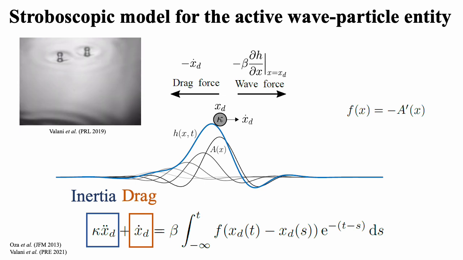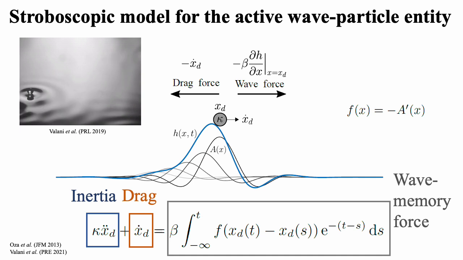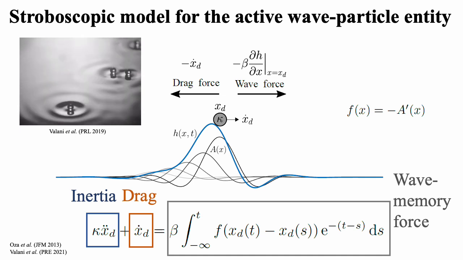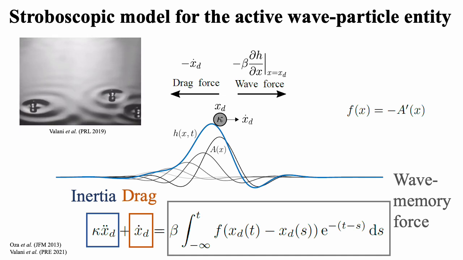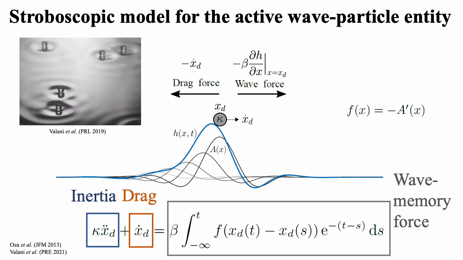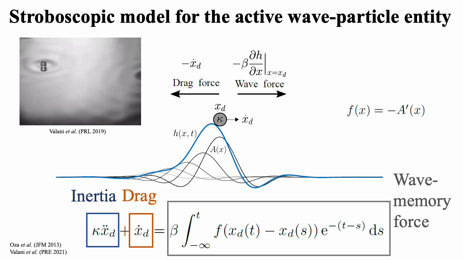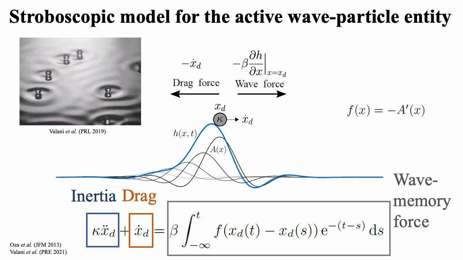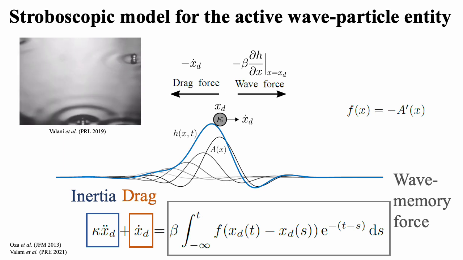The term on the right hand side, the horrible looking integral term, is the force that the droplet experiences from the wave that it generates, right? So let's try to understand that term step by step. Here we are saying that at each instant, the particle generates a wave of shape a of x, and the gradient of those waves is what propels the droplet.